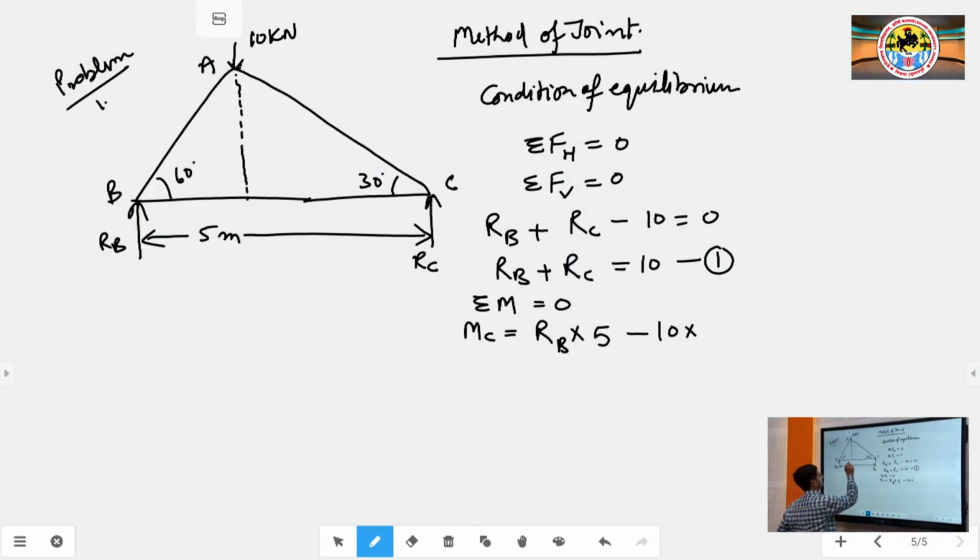Suppose we draw a perpendicular from point A on BC. It will make a new point D. We need this distance for finding out the moment. So, for finding out the moment we need this distance DC, and DC is how much?